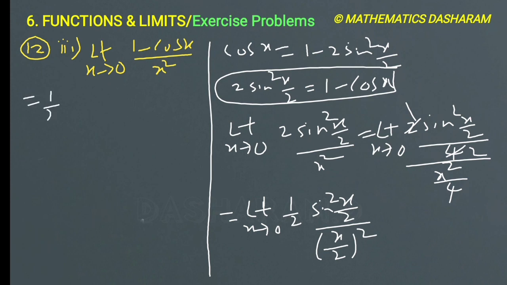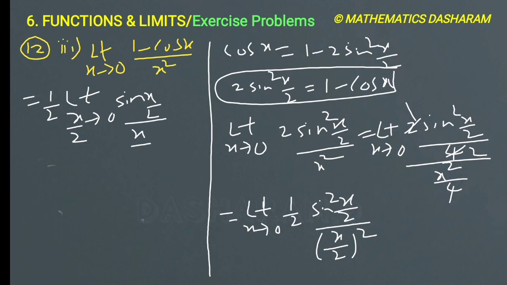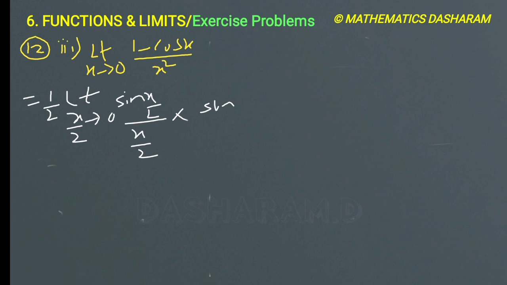So write 1 by 2 out of the limit x tends to 0. X tends to 0 means x equals 0, so x by 2 equals 0 by 2, answer 0. So that is why x by 2 tends to 0. So sin square x by 2 can be written as sin x by 2 by x by 2 into sin x by 2 by x by 2.